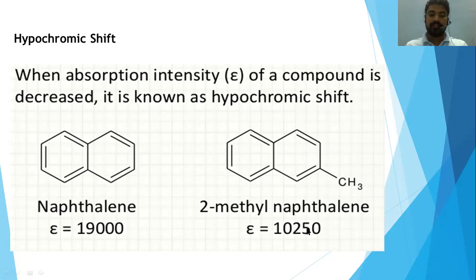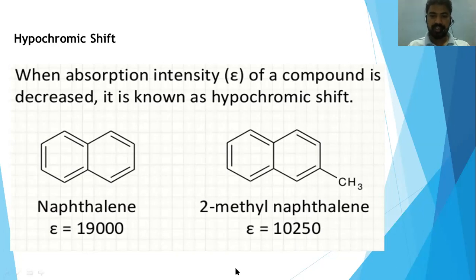So if we introduce a methyl substituent at the beta position of naphthalene, there will be a huge decrease in the absorption intensity value of the compound, from 19,000 to 10,250 liters per mole per second. This kind of decrease in absorption intensity of a compound is called hypochromic shift.